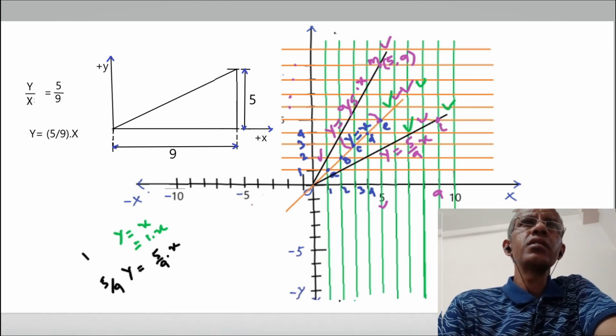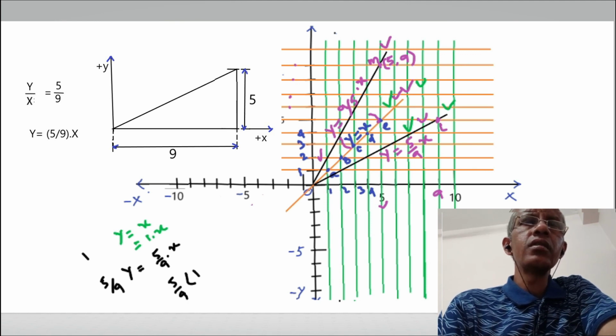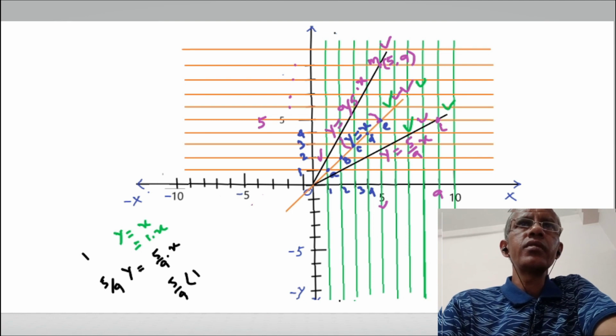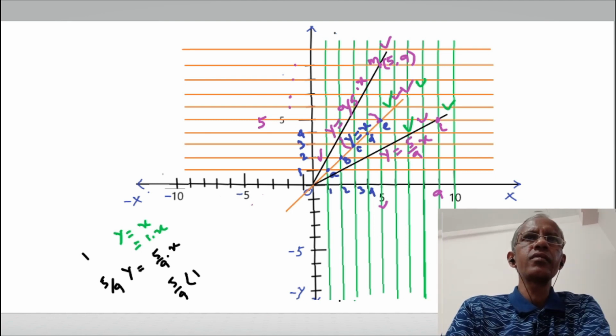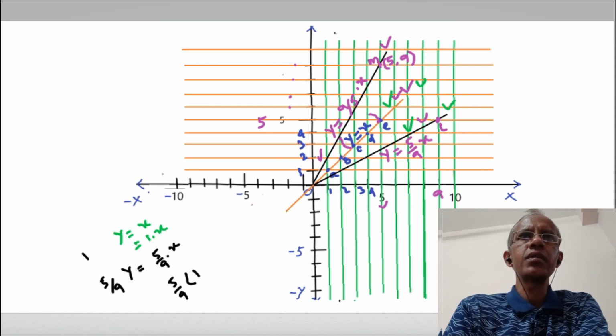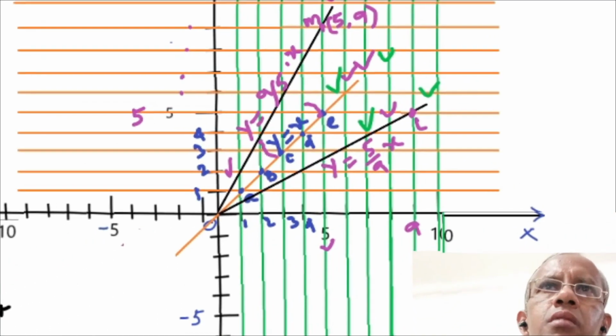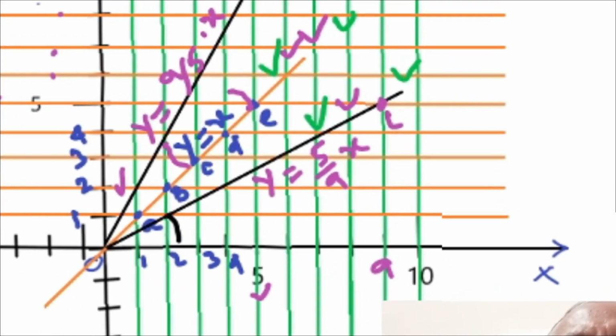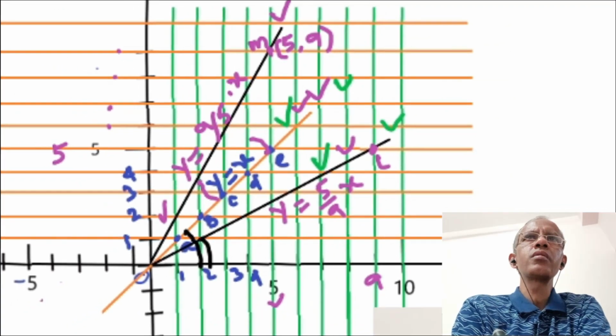So since 5/9 is less than 1, the line with the coefficient of 5/9 is less steep than the one with the coefficient 1. So as can be seen, this is the angle that it makes, which is less than the angle made by the orange line.